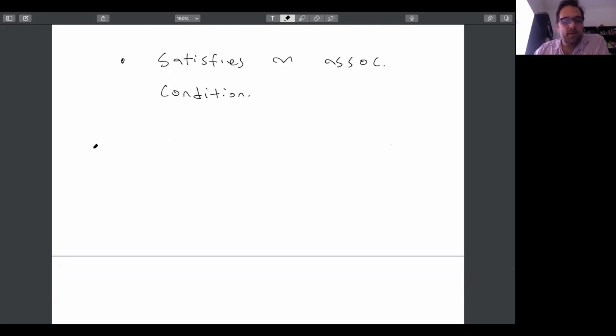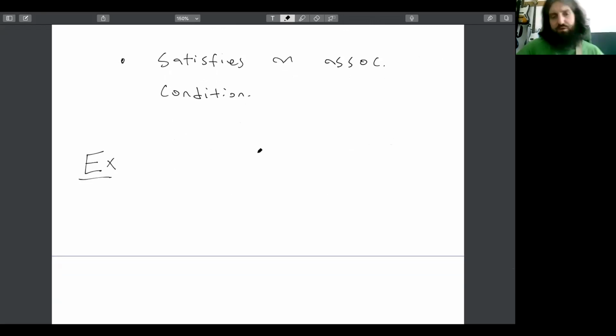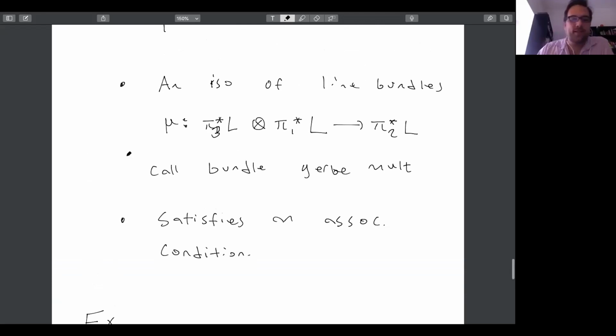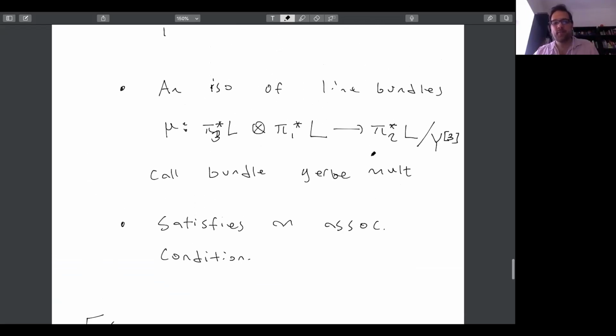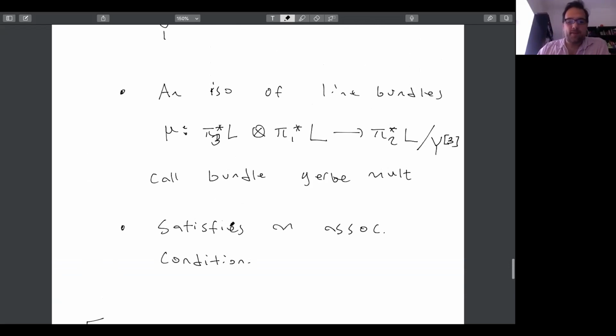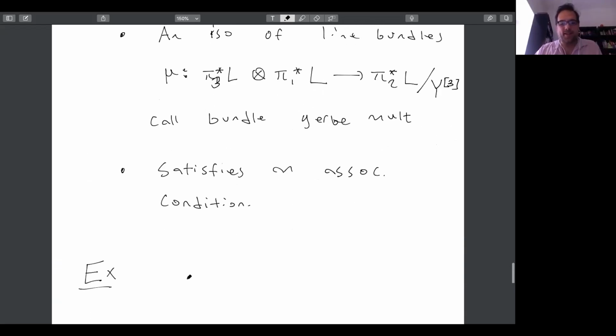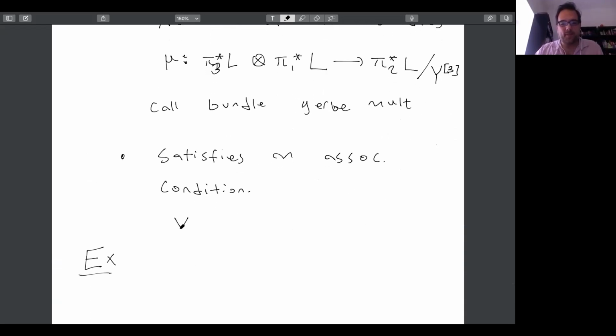So let's give the simplest example of a bundle gerbe. What are pi 1, pi 2, pi 3, please? So this is over Y cubed, the fiber cube of Y. So that's pulled back. Let me just say what Y cubed is a little more explicitly.